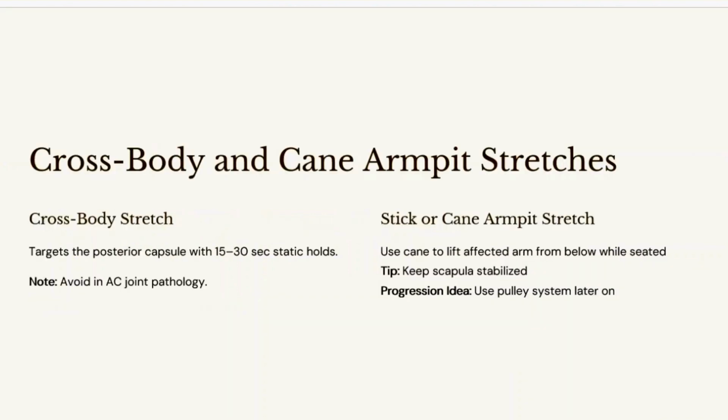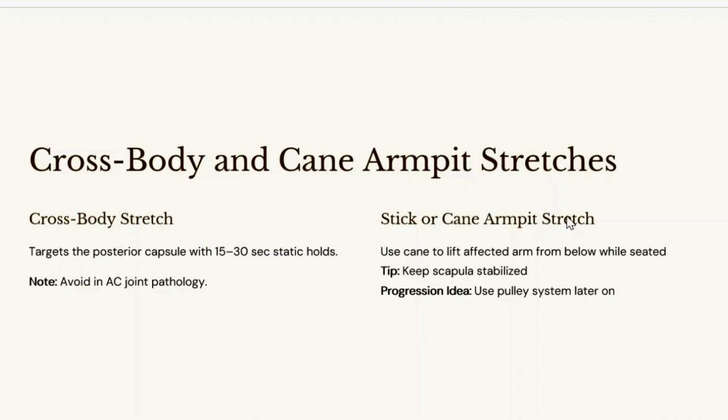After that, cross body, or the cane armpit stretch basically. Cross body basically targets the posterior capsule with a 15 to 30 seconds static hold. I am going to give you some views of these pictures so you can understand what that was.